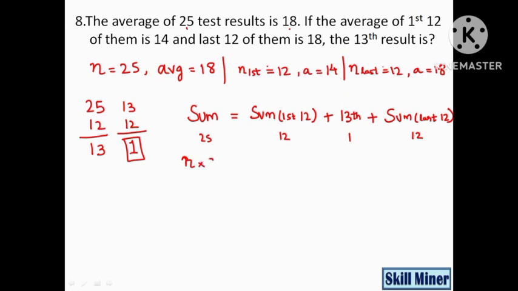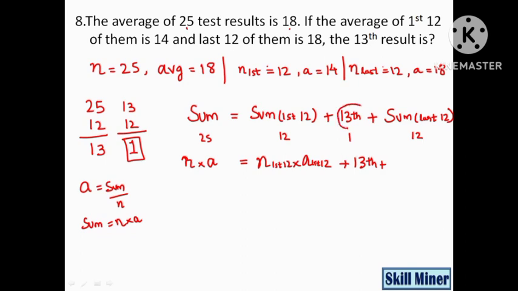We know that average is equal to sum divided by n, so sum is equal to n into average. Since this is only one number, we can't find the average or sum on this, so it is directly written as the 13th number.